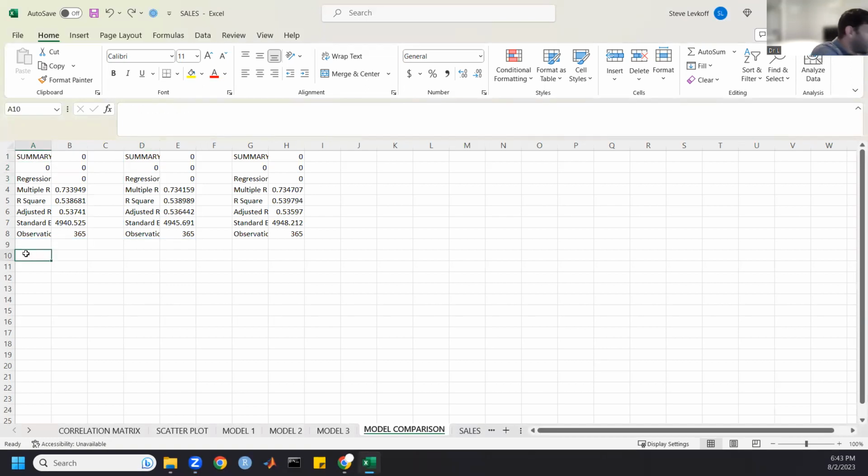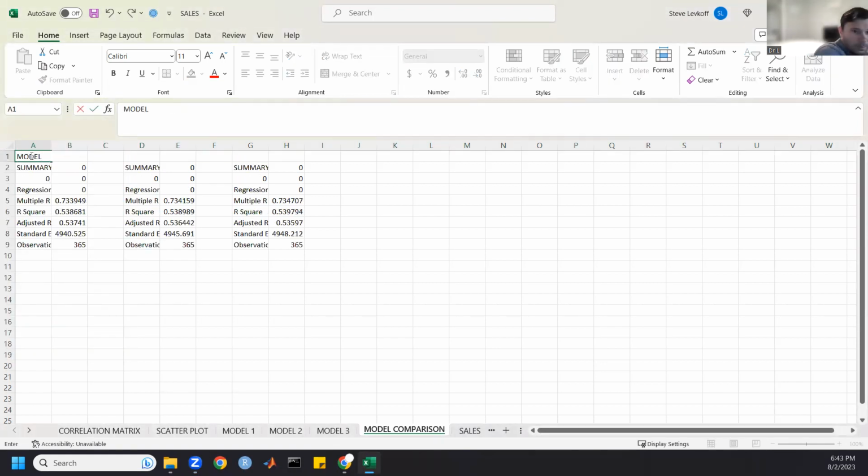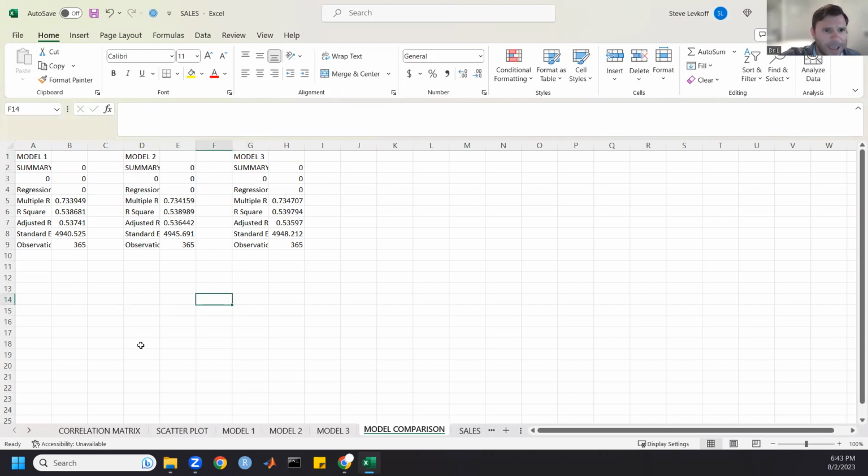But we can remember here, insert a row. Model 1, 2, model 3. And it might make sense. You may recall that if we add variables to a regression, that will only make the R squared go up.